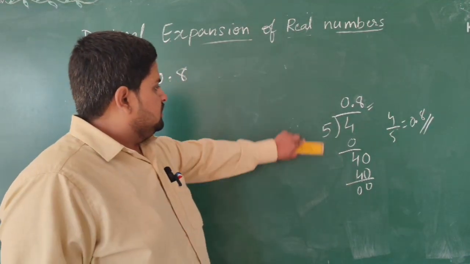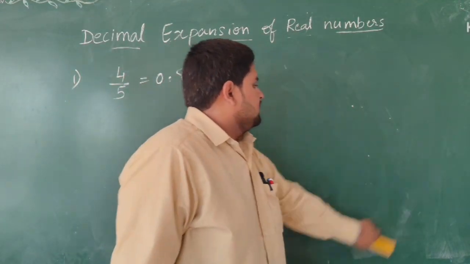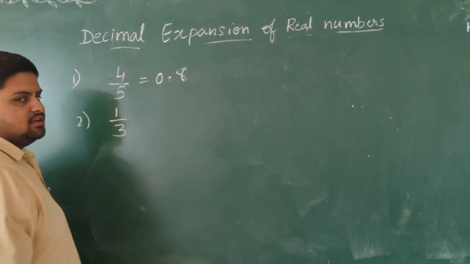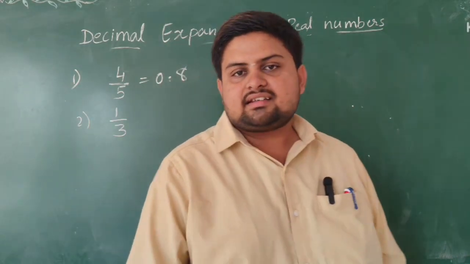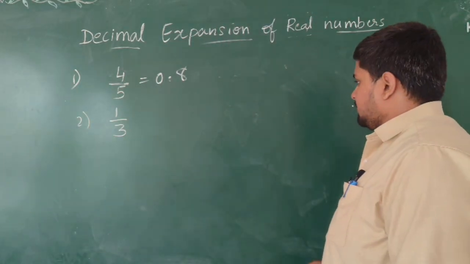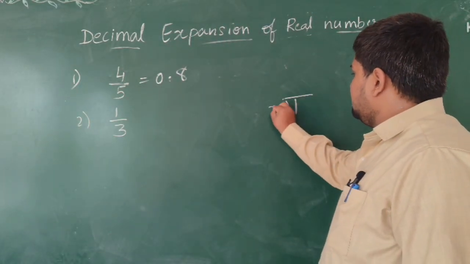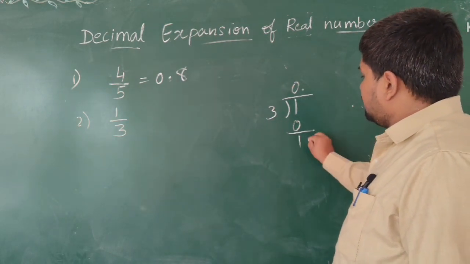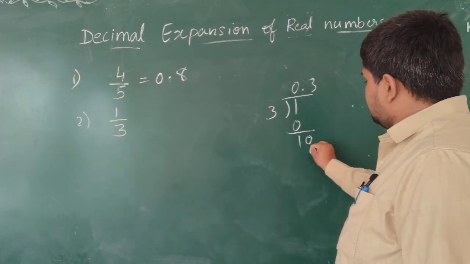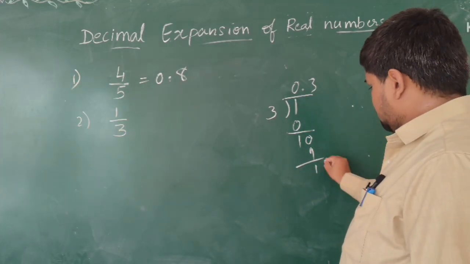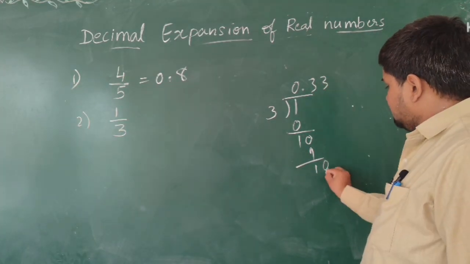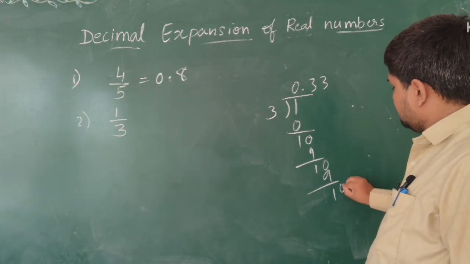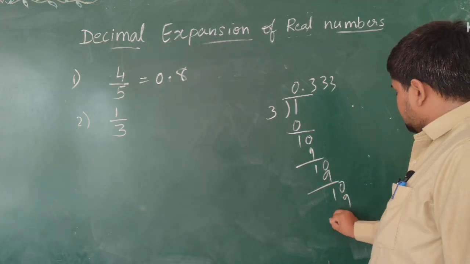Okay, so let me take one more number. For example, 1 by 3. Let us try to divide 1 by 3 and write its decimal expansion. 1 divided by 3: 3 zeros are 0, 1 remainder; 0, 3 threes are 9, 1 remainder; one more 0, again 3 threes are 9, 1 remainder; one more 0, and again 3 threes are 9, 1 remainder.